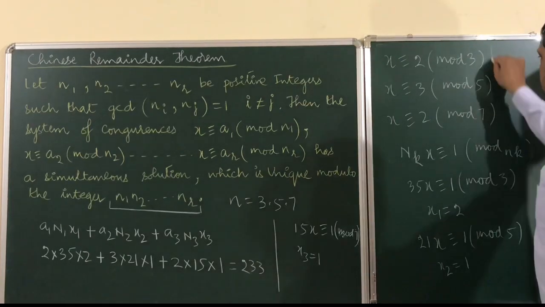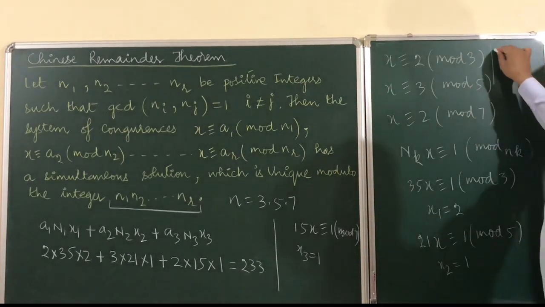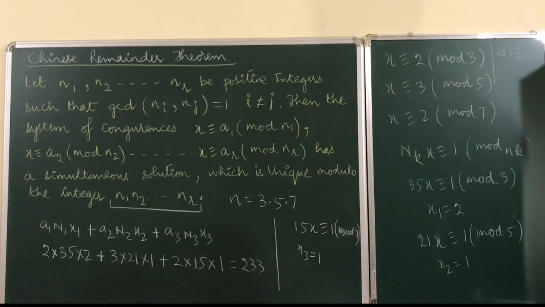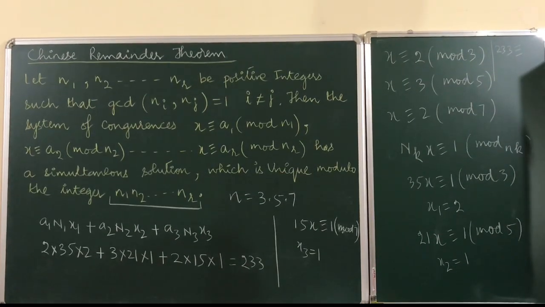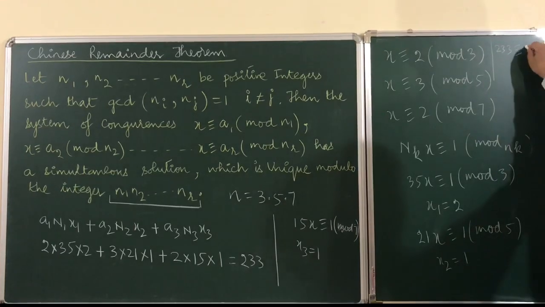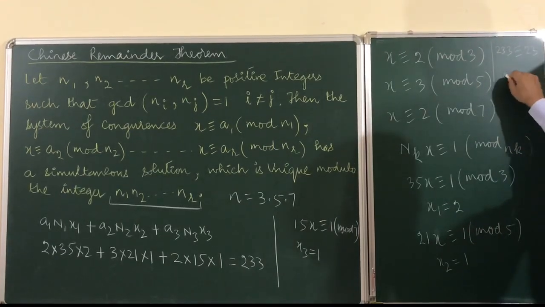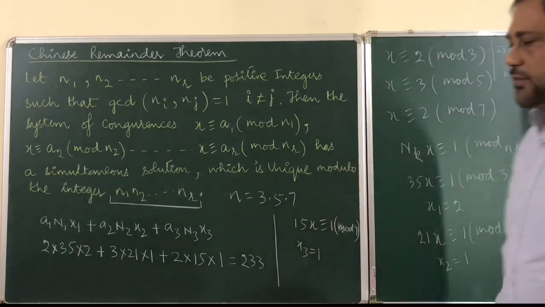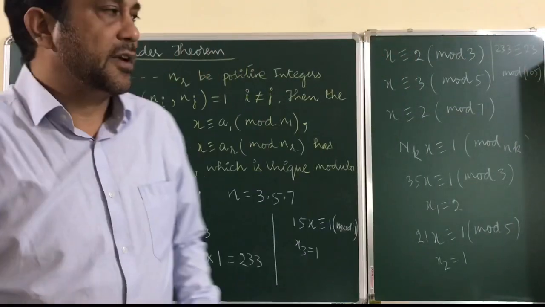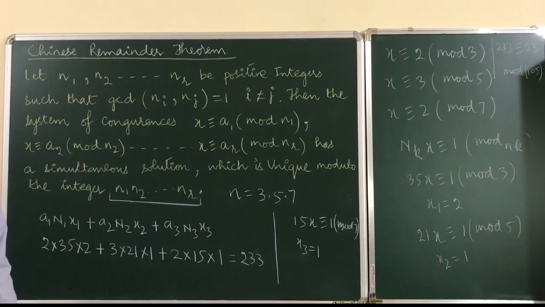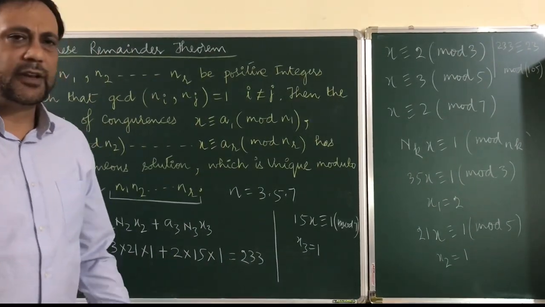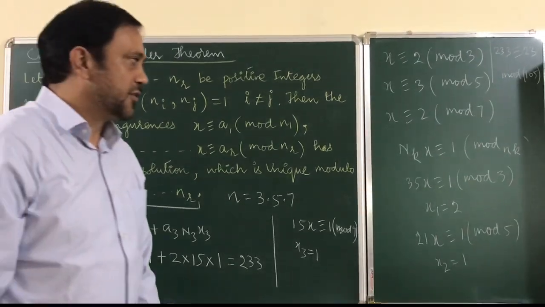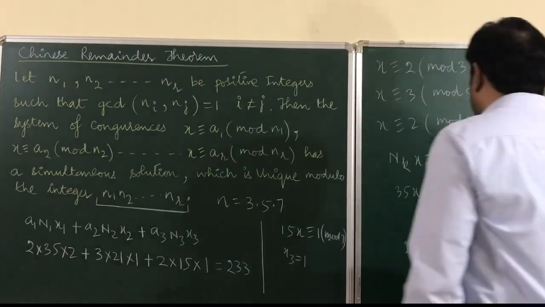So 233 is congruent to, since 2 times 105 is 210, 23 modulo 105. So this is what our Chinese remainder theorem is, and in the next lecture I will tell you how to use this important concept in our problems.